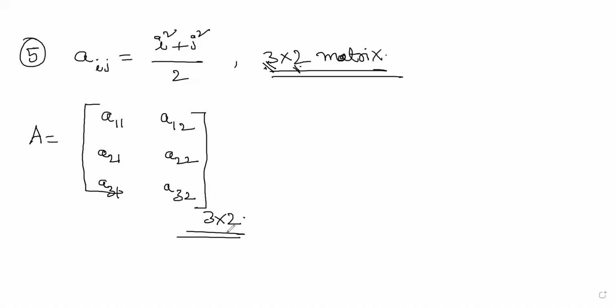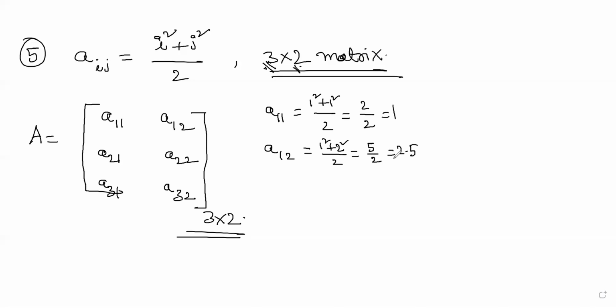Okay, now let's solve. A11 is 1 square plus 1 square divided by 2, so that is 2 by 2, which is 1. Clear? A12: 1 square plus 2 square divided by 2, how much will you get? 5 by 2, that is 2.5. Check if anyone has a mistake. A21 is again 5 by 2.